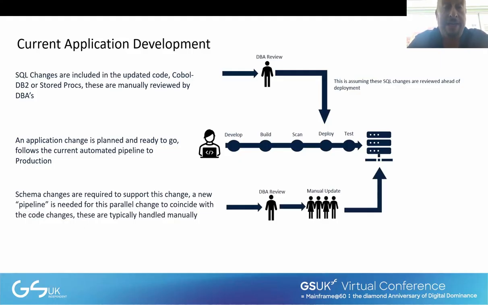Again, that has to go through a separate process with a DBA, and that has to be manually updated by the DBA and coordinated with the push of your source code. So now for one change, I possibly have three different workflows going on, two of them manual, in order to make that change.